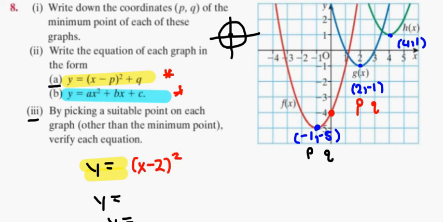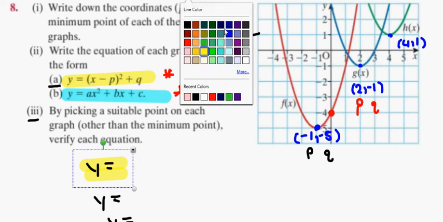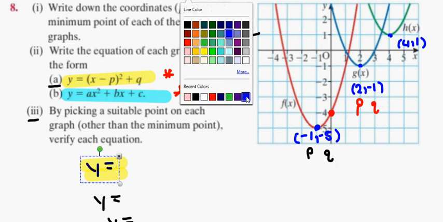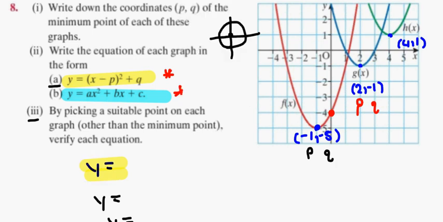So I'll do it in blue, this is for the blue. Alright. So for the blue one, lads, what we're going to have is x minus 2 squared minus 1. There we go.